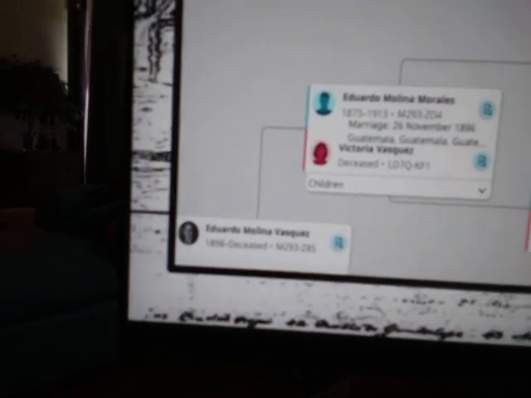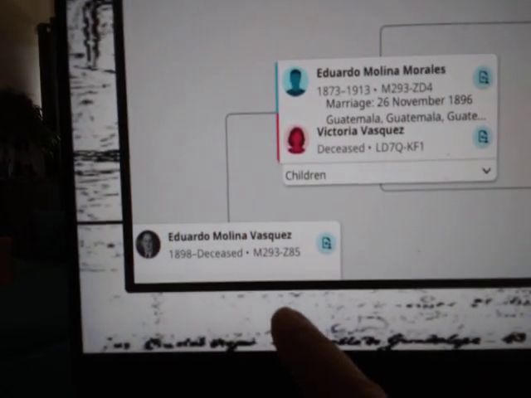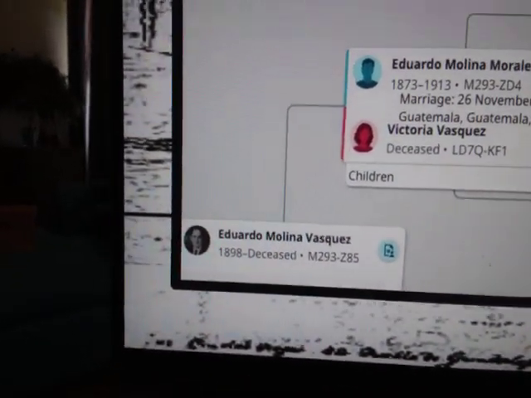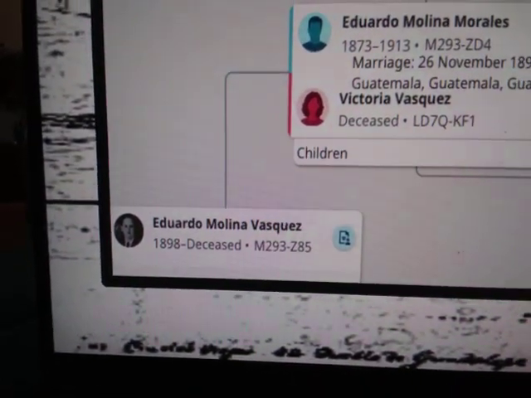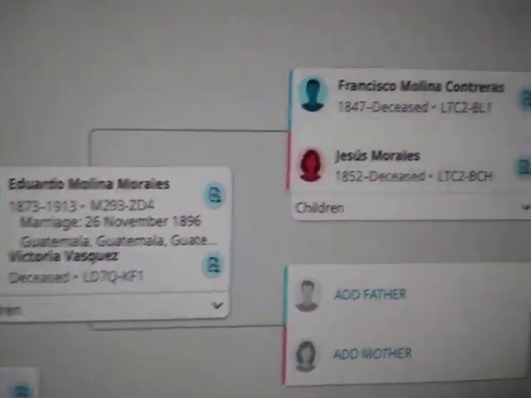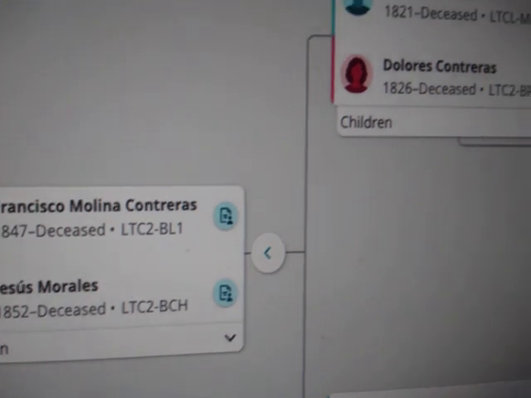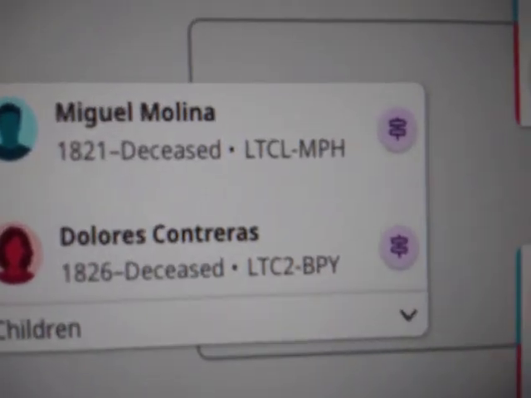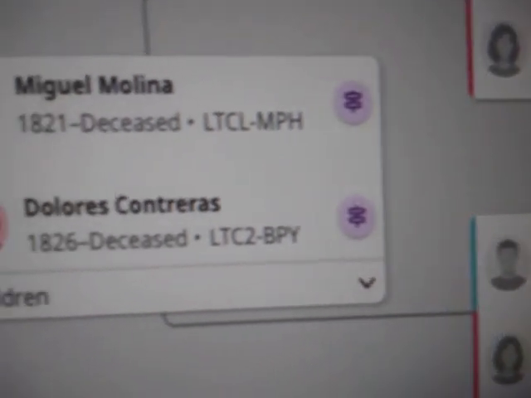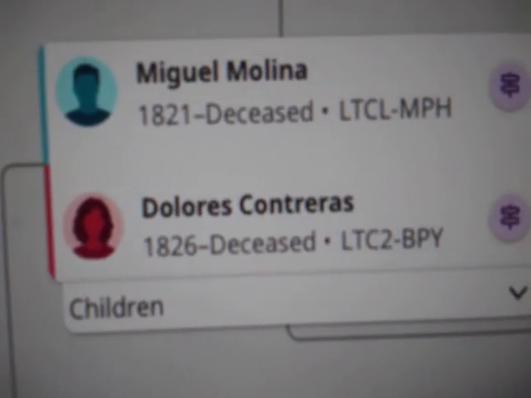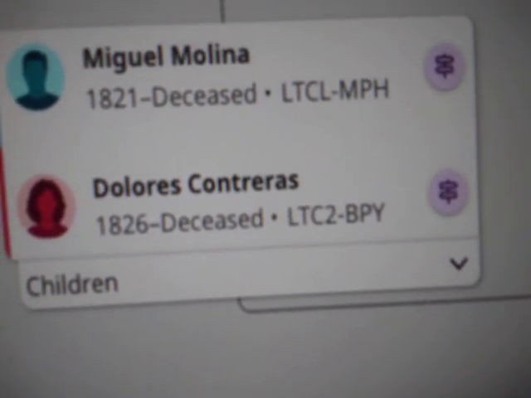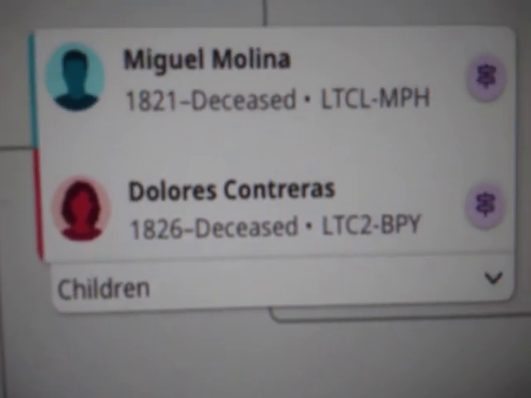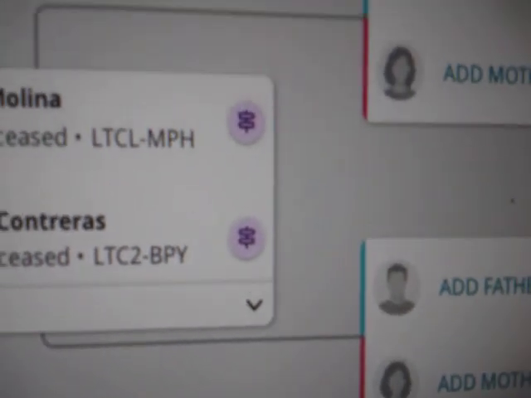This is really interesting because this is the lineage on Papawayo's side of the family, and you can tell that there's a lot going on. In the male tree of this family, it goes way back to 1821. There was a Miguel Molina who marries a Dolores Contreras, who was born in 1826. There's no more information after that date.